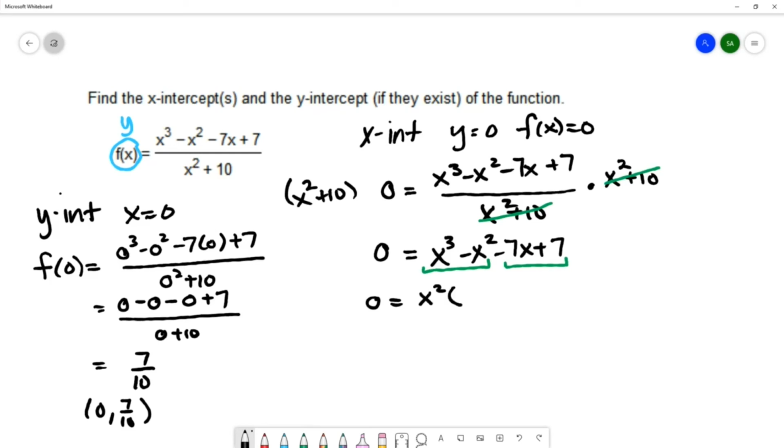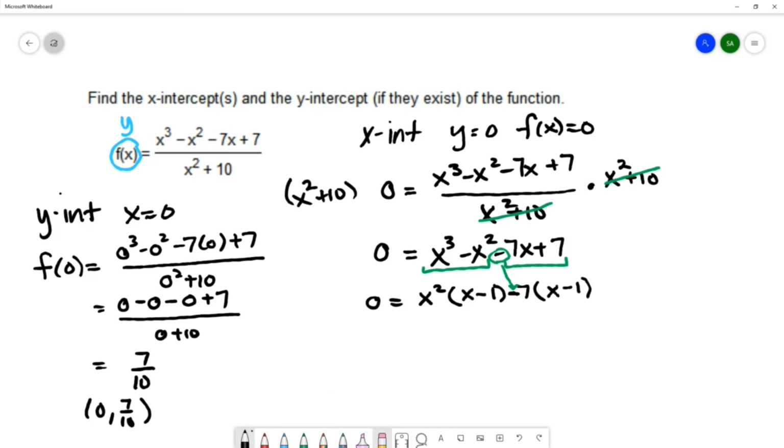If I factor that out, I'm left with x minus 1. And for the other group, I want to factor out the greatest common factor. We've got negative 7x plus 7. They have a common factor of 7. And I also want to include this negative sign. I want to carry that down, make this a minus 7 for what we factor out. If I factor out that negative 7, I'm going to be left with x minus 1.